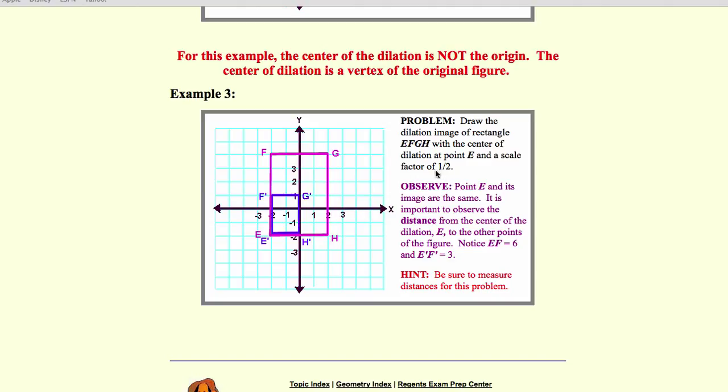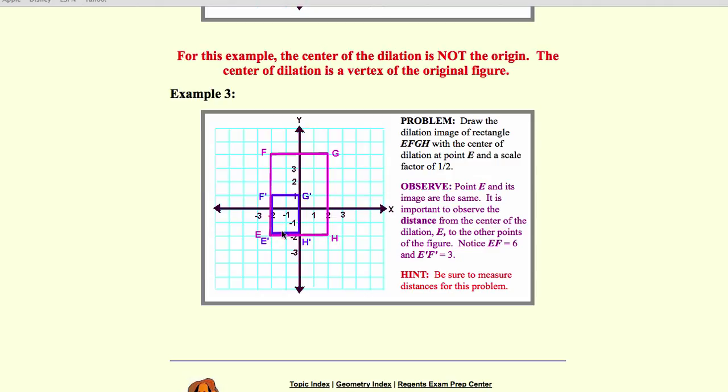And with the scale factor of 1/2, the thing about the center being a point on a shape like this, if you look at side EF, I'm looking at the pink purplish rectangle, the length of it is 1, 2, 3, 4, 5, 6. Well, if the scale factor is half of that, I need to make my new length only 3.